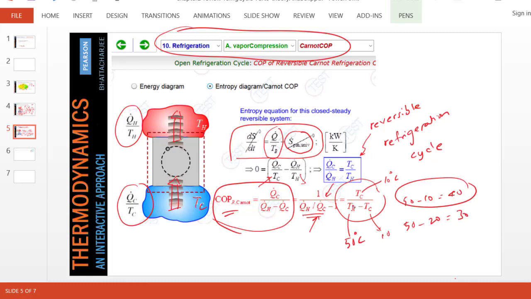As you can understand, the COP will jump higher if you can live with a little less temperature difference. It's inversely proportional to the temperature difference you maintain between the hot side and the cold side. So when you reduce your thermostat, suppose you are in an air-conditioned room and the temperature difference with outside is 20 degrees Celsius, but I can just live with 10 degrees Celsius difference. COP will become twice.